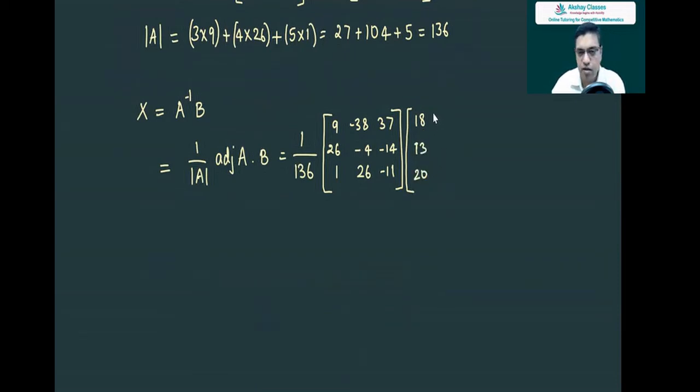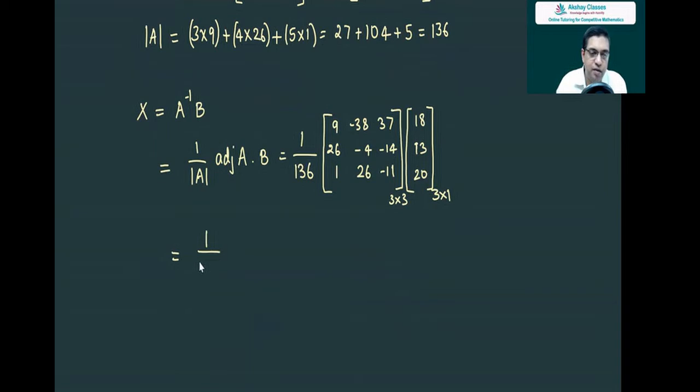Correct. So now let's do this calculation. Product. This is 3 by 3, and this is 3 by 1. So the product will be a column vector.